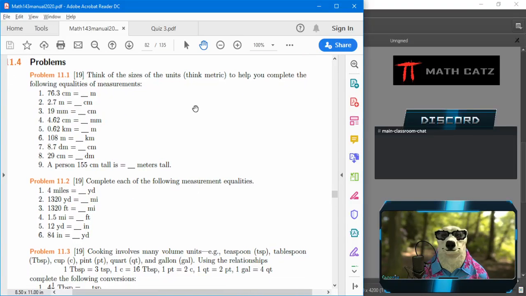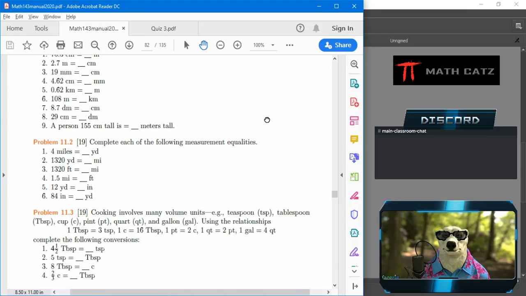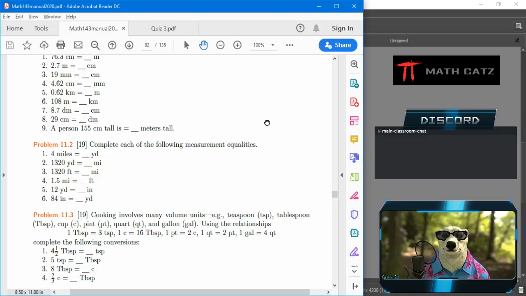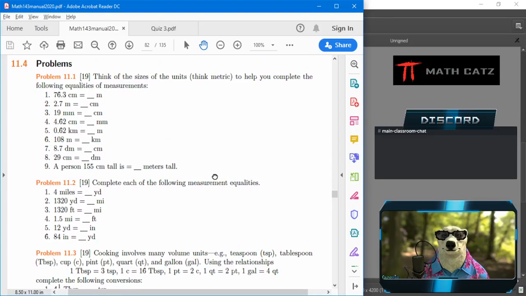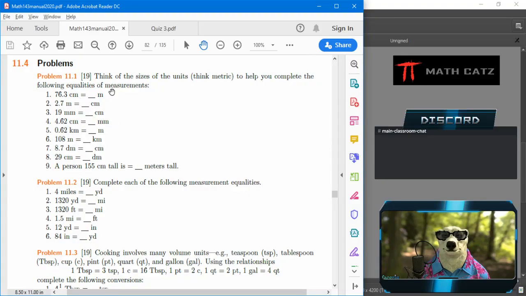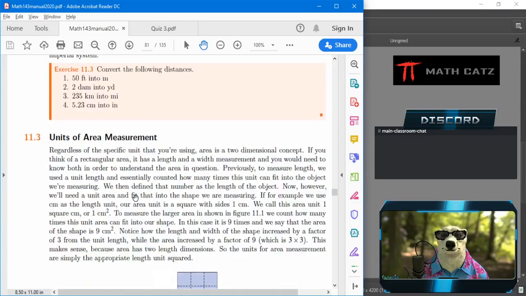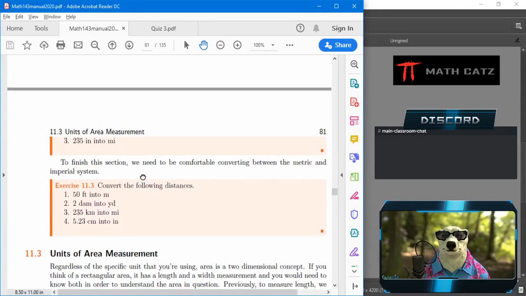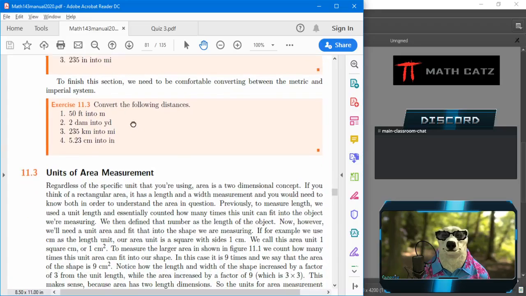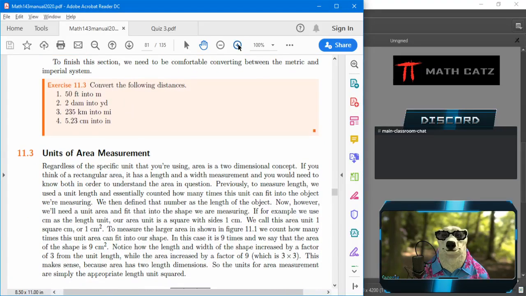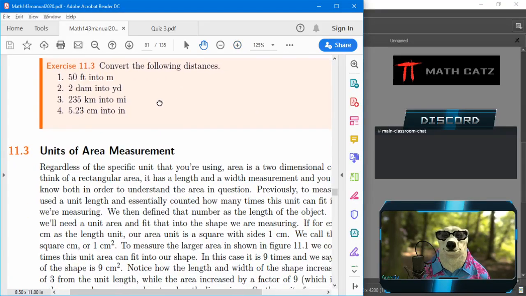But first, let us see some interesting... Man, these are not very interesting problems, are they? This one stays in one system. This one stays in the English system. Where's the one that I cross over? Those are way more interesting. Let's go look for those. Like these guys, 11.3. Those are way better.